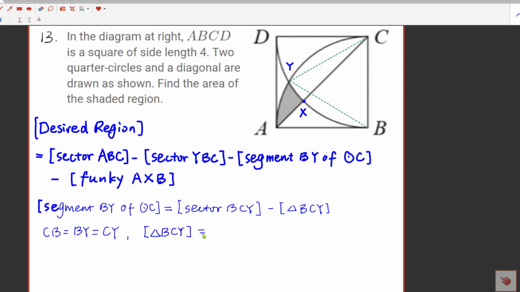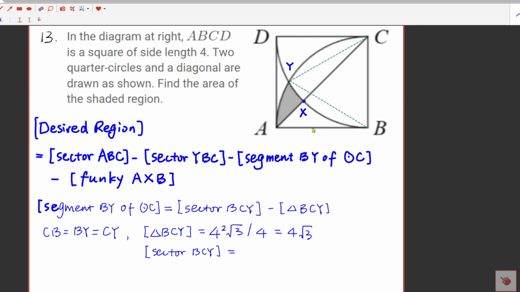So the area of triangle BCY can be easily calculated, and sector BCY can also be easily calculated, right? So let's write them here. Area of triangle BCY is 4 square root 3 over 4, which is 4 square root 3.